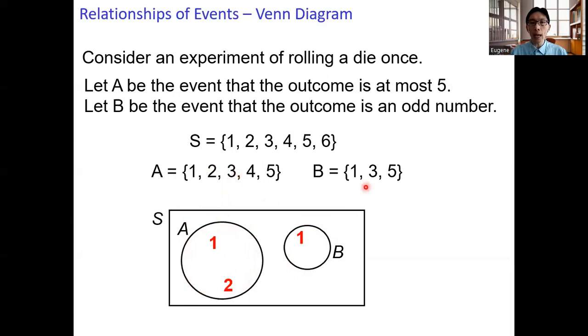The number 3 appears in both circle A and circle B. The number 4 is in circle A. And the number 5 is in circle A and circle B as well. Not to forget the remaining number, the number 6. Number 6 is not in event A, nor is it in event B. So this number 6 should be outside circle A and outside circle B. So we have the number 6 here.